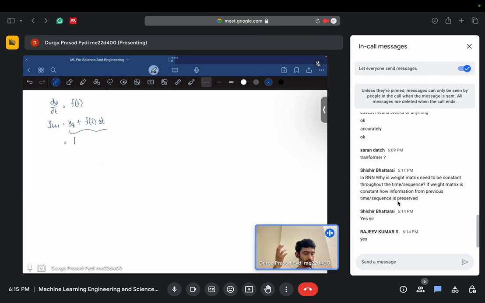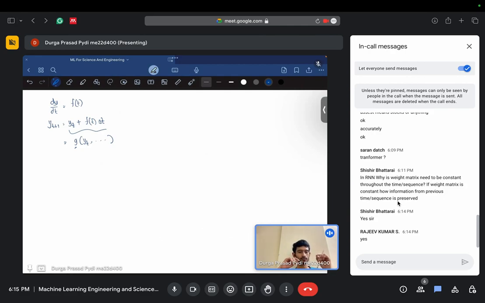I can write this as g of yt and so on. When the neural network learns, the weights will essentially store how to process these inputs to get the output. The way you are doing this should be the same across different time steps. Your weight matrix is constant in that sense.